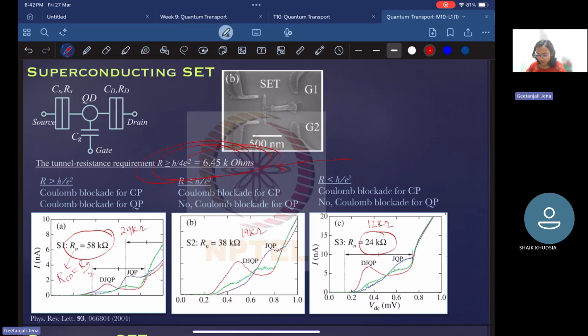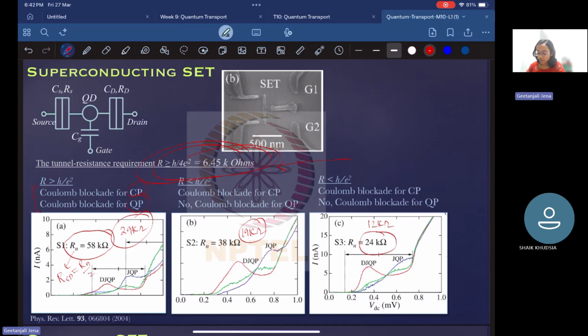So if you look at the first one, the tunnel resistance is 29 kilo ohm. That means it is greater than 6.45, also greater than 25.83. So you can see both Coulomb blockade oscillation for Cooper pair and also the quasi-particle. CP for Cooper pair, QP for quasi-particle. And for 19 kilo ohm, you can see that it is much lower than 25.83.